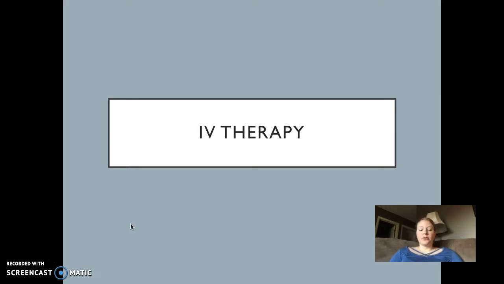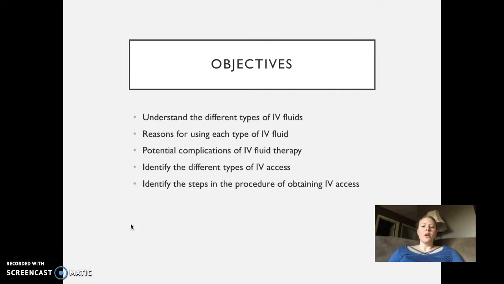So I'll be bringing you IV fluid therapy so we can discuss a little more about how we can use IV fluids to help with our fluid and electrolyte balances. The objectives I want you to be able to know after this piece are to understand the different types of IV fluids, the reason for using each type, the potential complications of fluid therapy in general, and identifying the different types of IV access.